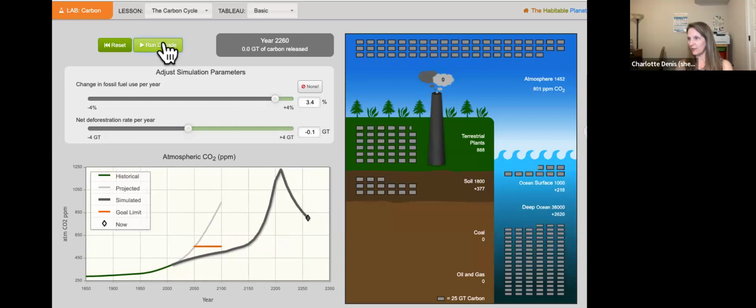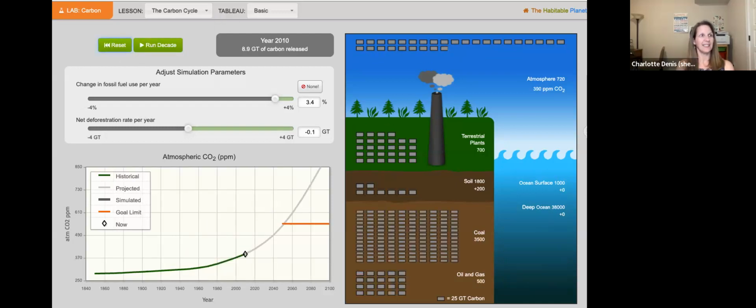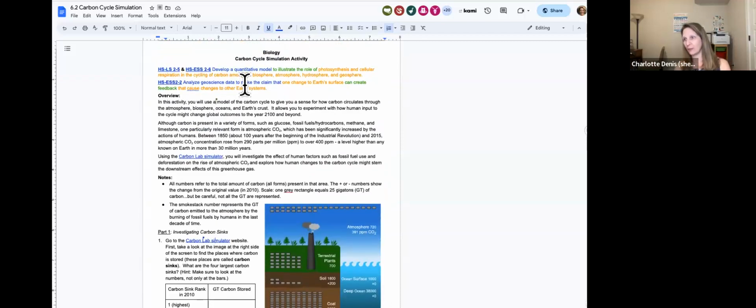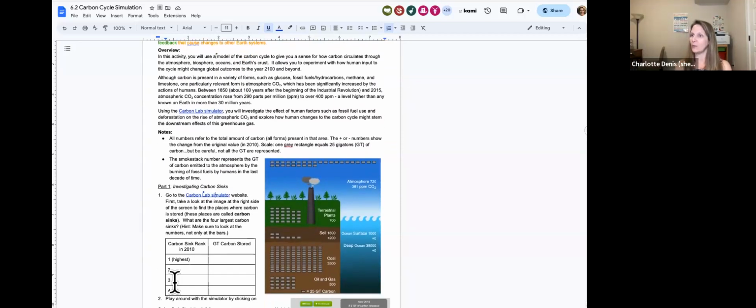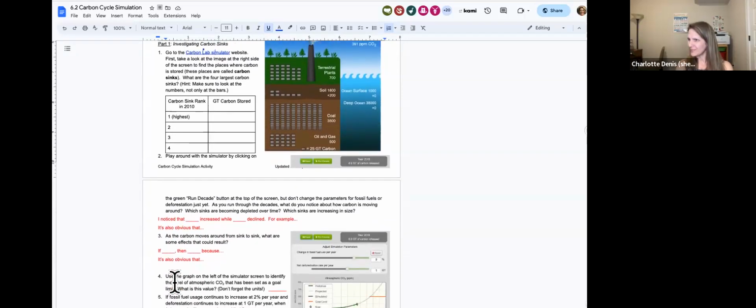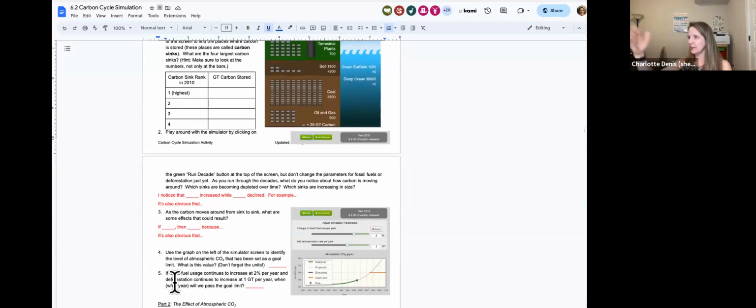You can continue on with that trend, but we never get those fossil fuels back. So the task prompts students to do a variety of different things. Figure out where the sources and sinks are, figure out what the largest ones are, play around with the simulator. What happens when you increase fossil fuel usage, or what happens when you decrease deforestation?